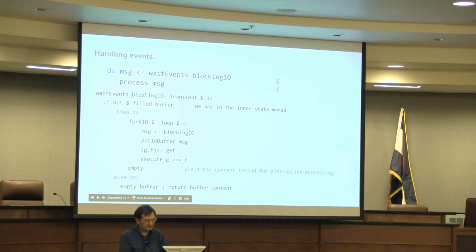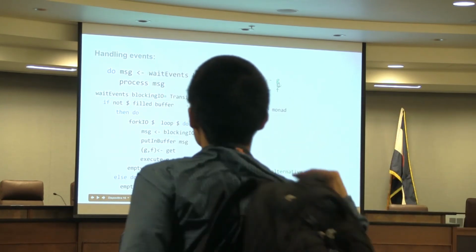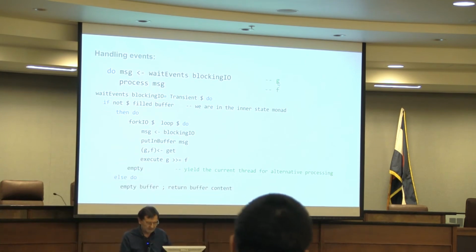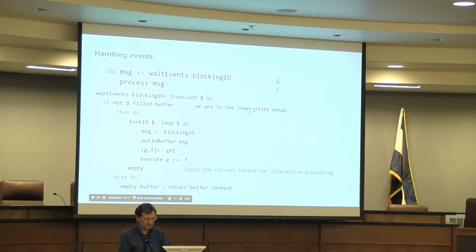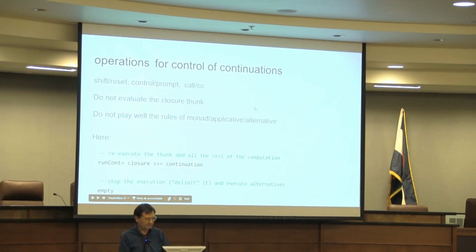When waitEvents enters again, the buffer is filled, so it goes through this and returns the buffer content, which executes the process. You see? So we have a double execution of this because we execute G also. That is very important for composition, as we will see later.